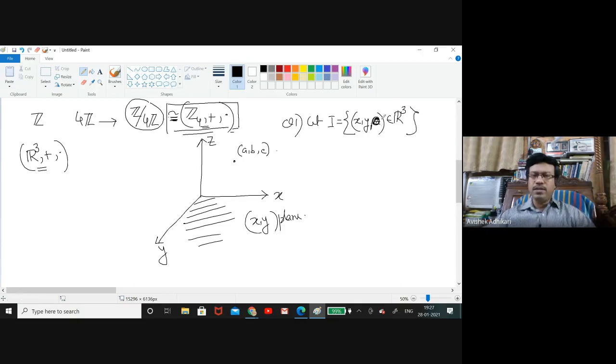So the representation of the XY plane I can write like this: (x, y, 0) belongs to R3. My first question is, is I an ideal of R3? R3 plus dot is a ring. What will be your answer? Please somebody tell me. Yes or no?